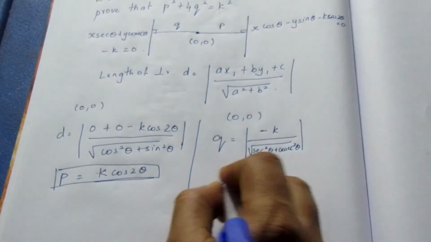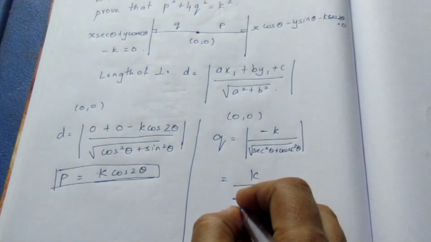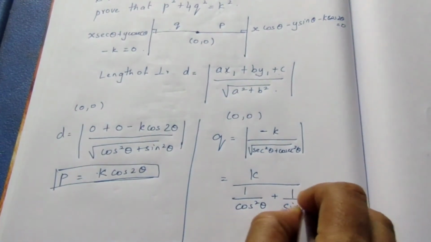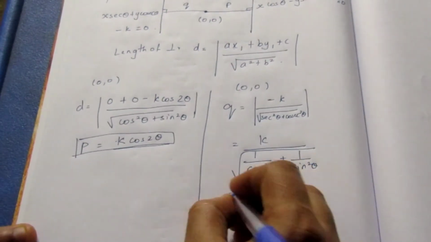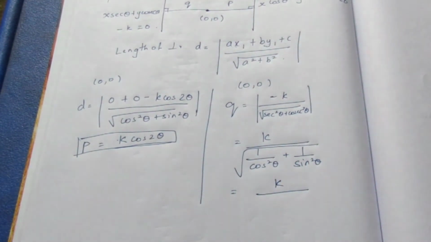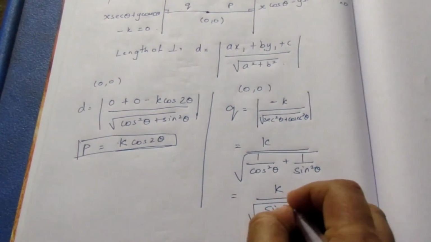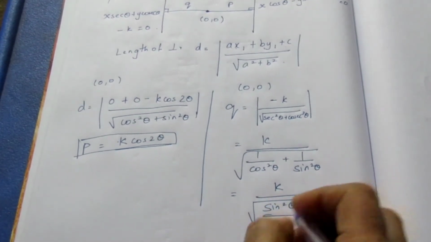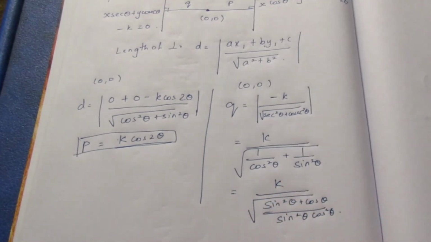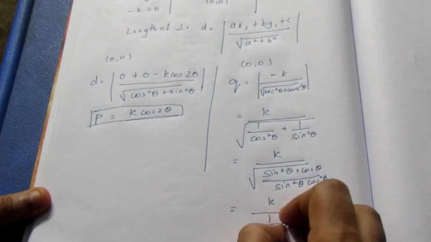Instead of secant square we can write 1 by cos square theta plus 1 by sin square theta in root. Now this becomes k by, taking LCM it becomes sin square theta plus cos square theta in the numerator by sin square theta cos square theta. This becomes 1. Taking root, it becomes 1 by sin theta cos theta.